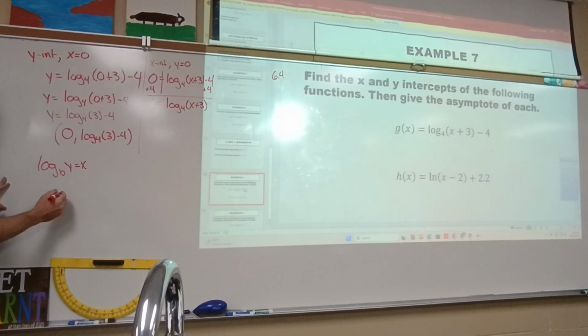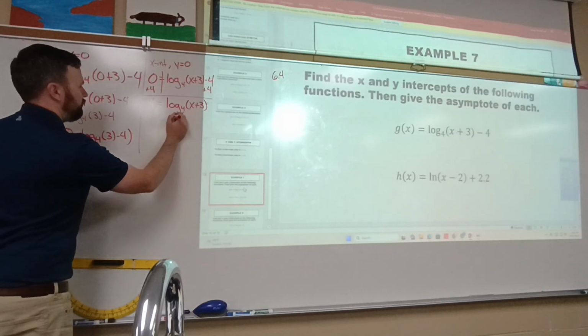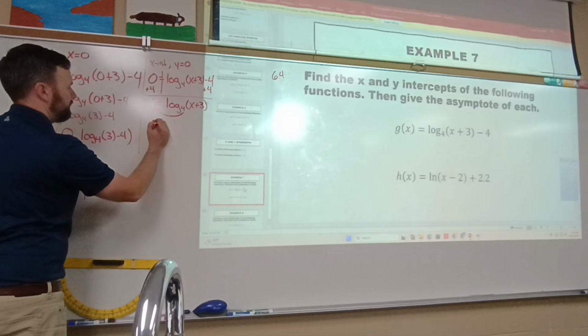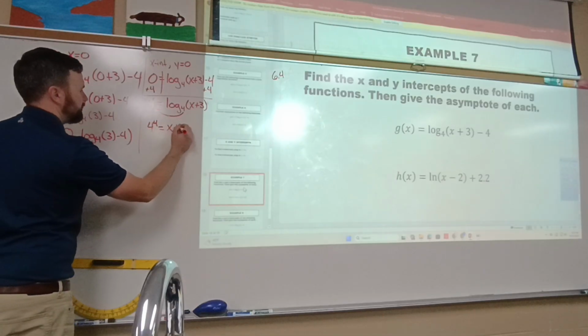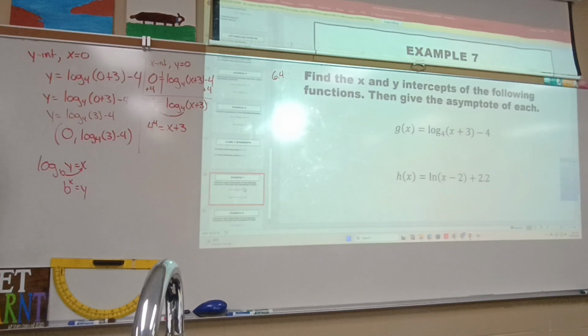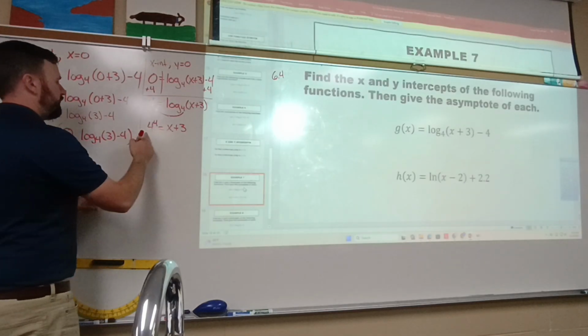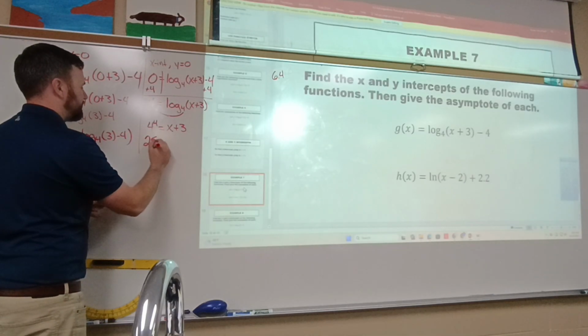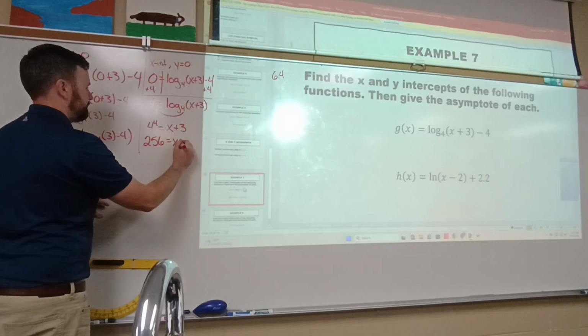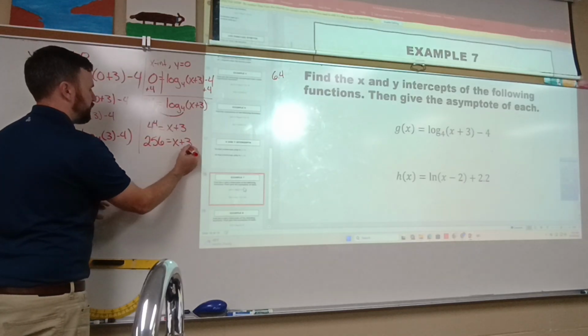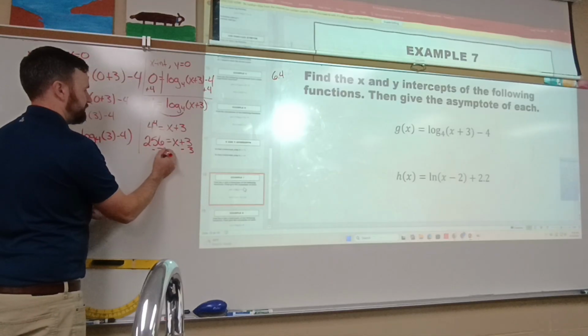What does that actually mean? b to the x equals y, right? So I do 4 to the 4 equals x plus 3. 4 to the 4th is x plus 3. 4 to the 4th is 256. And then I subtracted 3 from both sides.